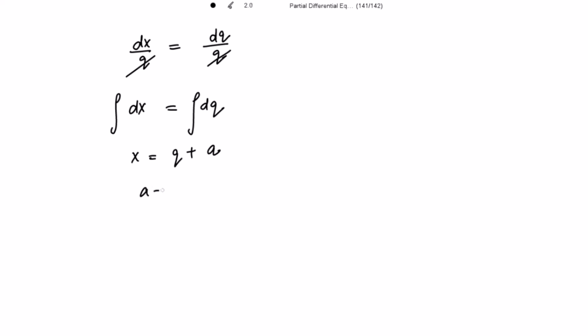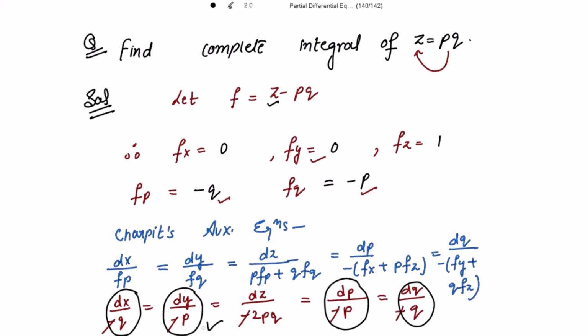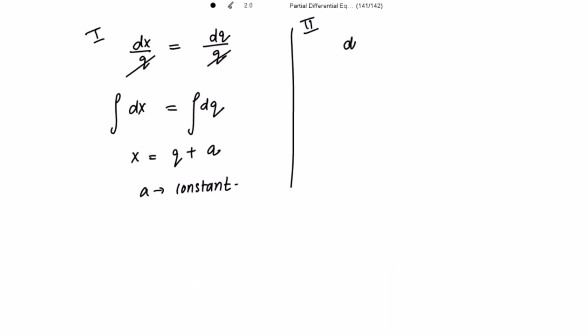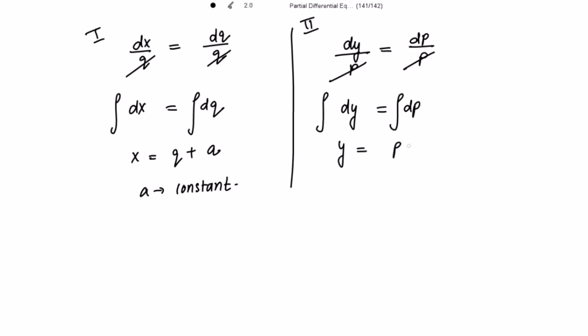A is the constant. Similarly, for the second, we have chosen dy divided by p and dp divided by p. Cancelling the denominators, we have dy equal to dp. Integrating both sides, y equal to p plus the constant b.